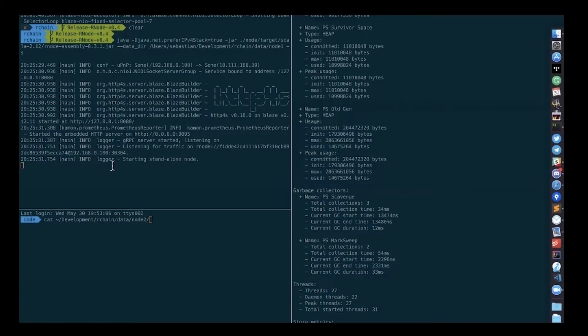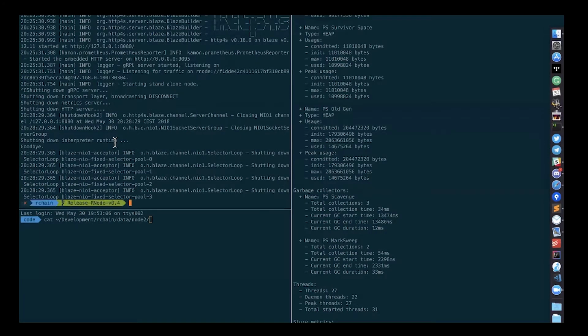We are now using TLS certificates to secure the transport layer. To start up a node, you need to provide them, or if you don't provide them, they will be generated for you. I provided them here for this Bootstrap node because I need to know a fixed address.